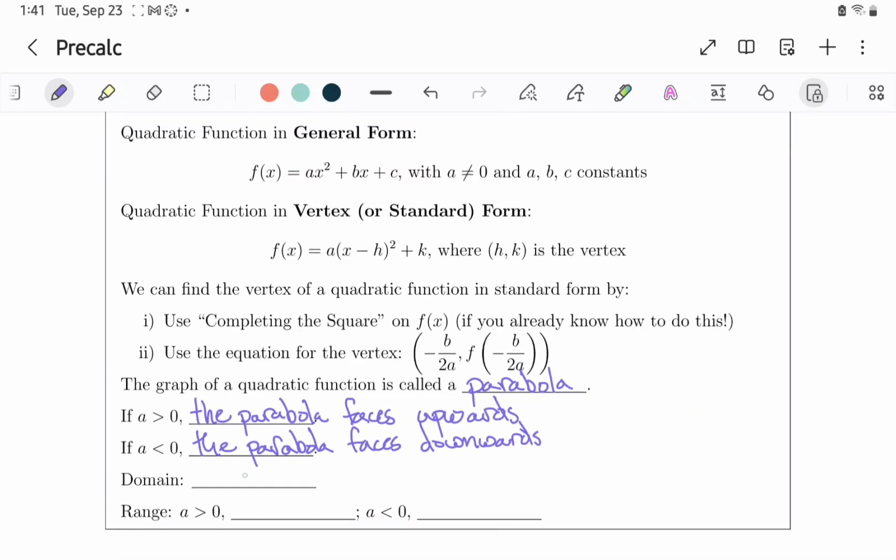Okay, and so the domain for all quadratic functions is just going to be all real numbers. So we could write our fancy R to say all real numbers, or we could just write the interval minus infinity to infinity. Same thing either way.